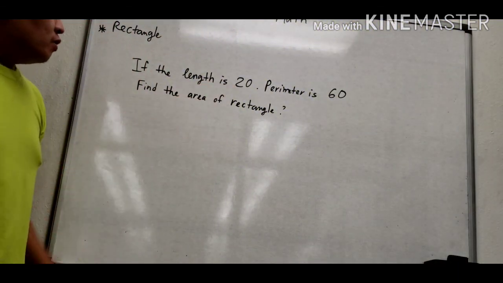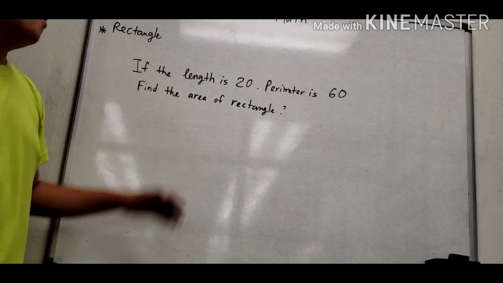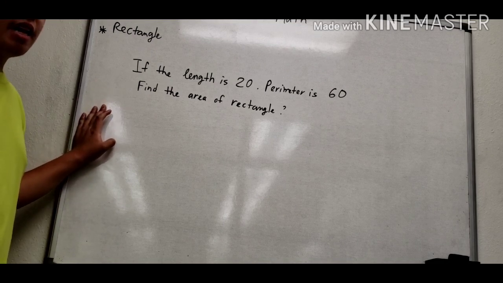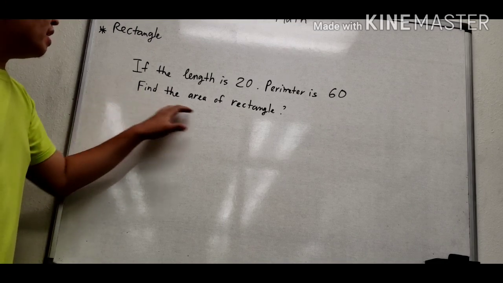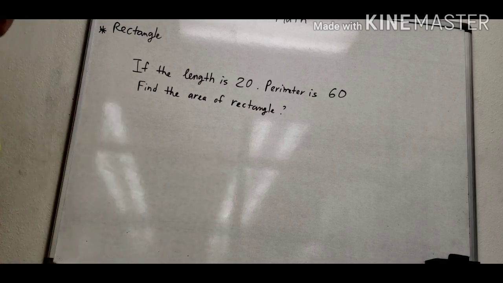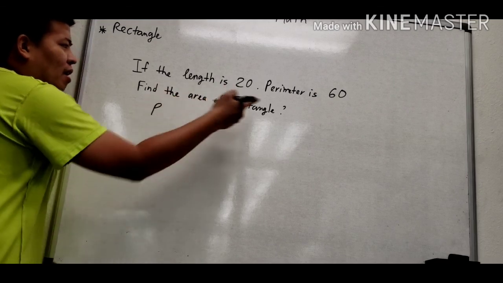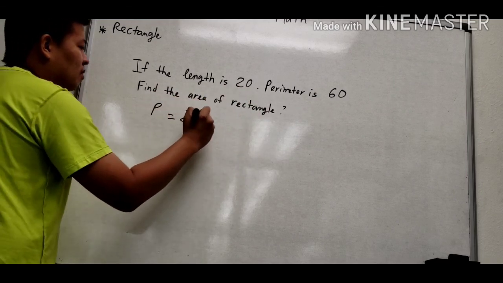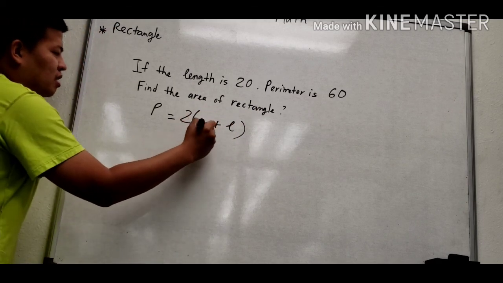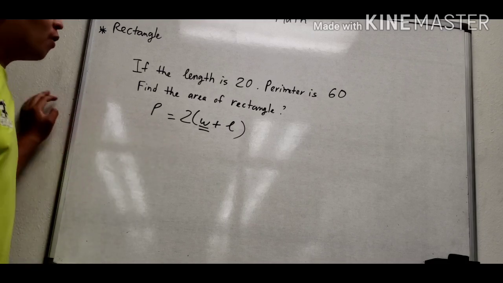If the length is 20 and the perimeter is 60, find the area of the rectangle. I just changed the question from finding the width. Now we want to find the area of a rectangle. This is like the real SAT math. If you have the length and the perimeter, you will find the width, as I just did in the previous video.